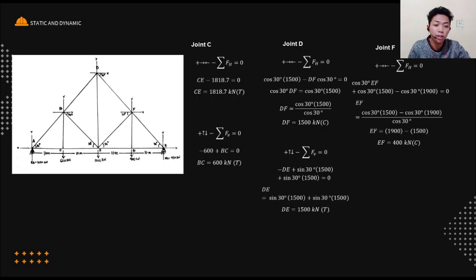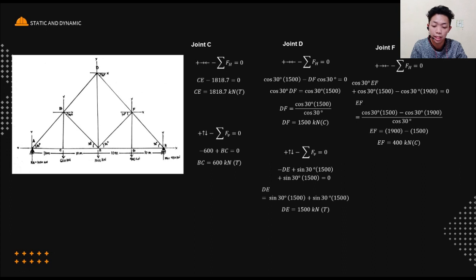So, after natin makuha yung joint A, dediretso naman tayo sa joint C. Bakit hindi joint B? Kasi joint C, yung dalawa lang yung kulang niya. So, yung sa joint B is tatlo yung kulang niya. Kaya, magdediretso muna tayo sa joint C. Sa joint C, meron tayong BC, CE, AC, tsaka yung C. So, yung AC natin is yung nakuha natin kaninang 1,818.7 kN, which is tension.